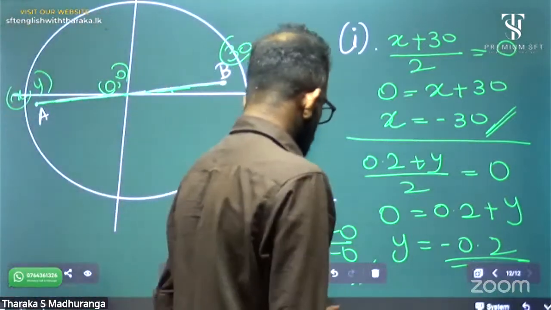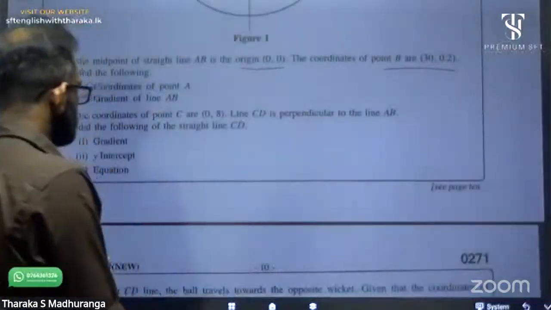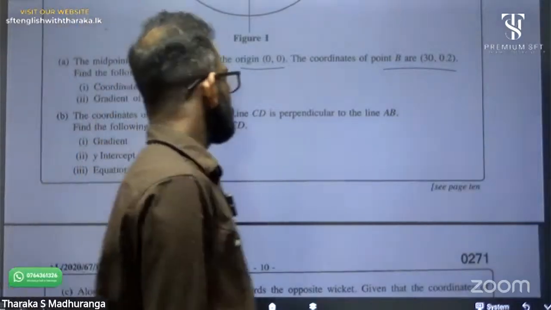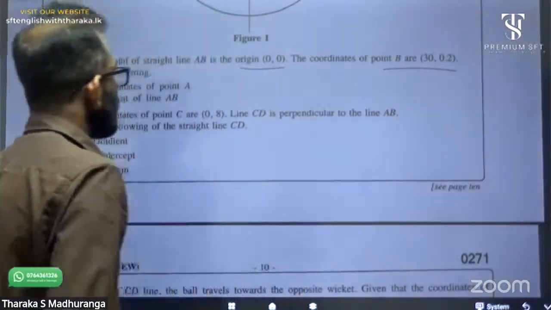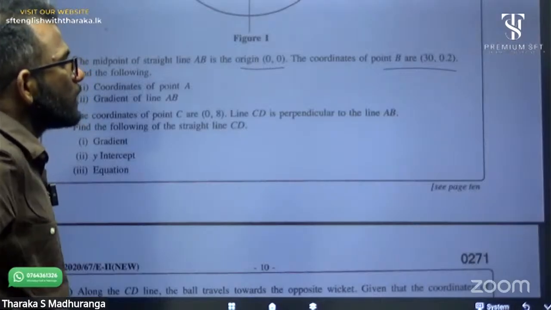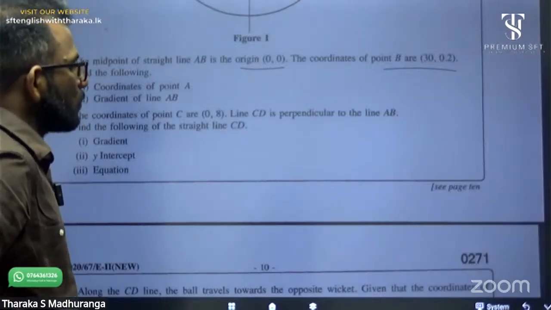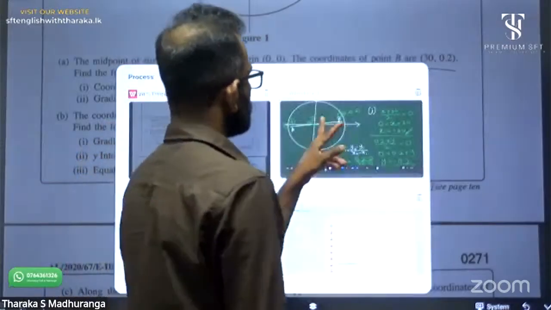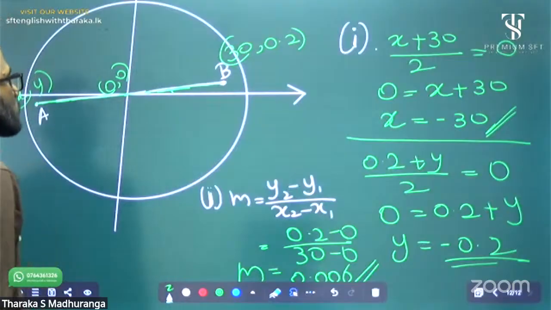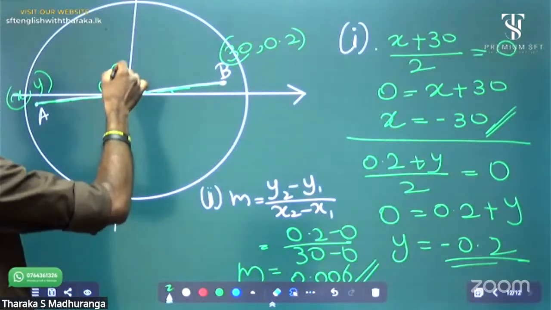Okay. Question part B. The coordinates of C are given. Line CD is perpendicular to the line AB. Okay, there is another line, CD. I will draw it in. Think of this as CD.